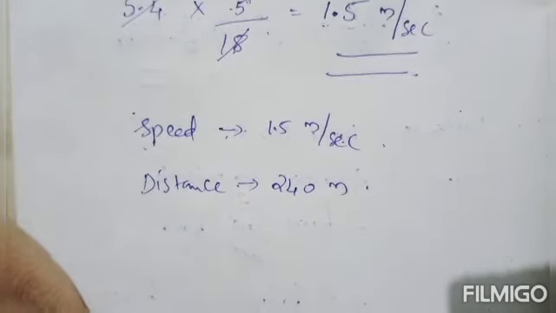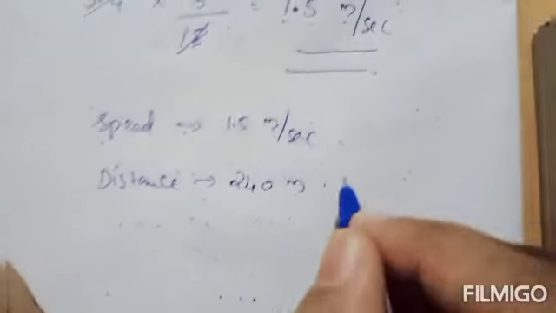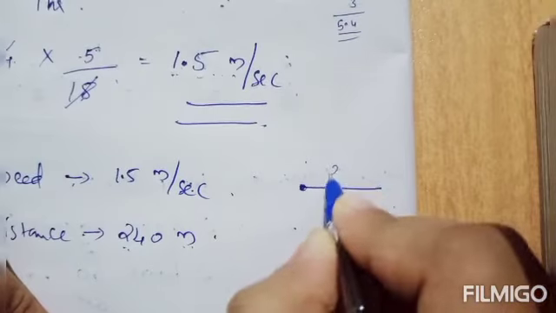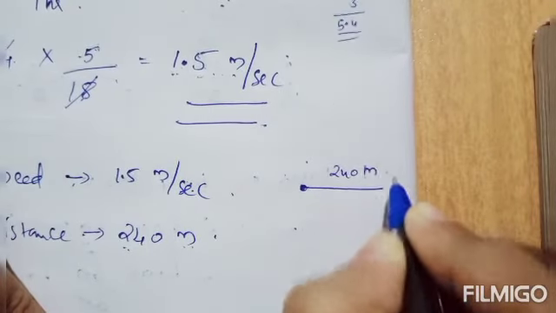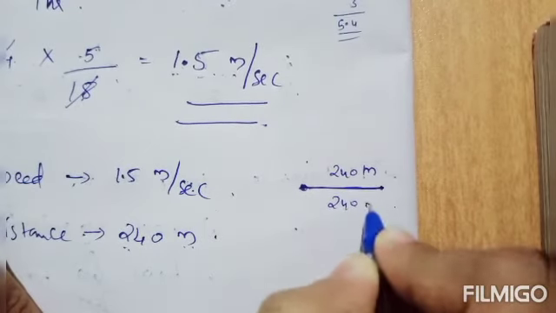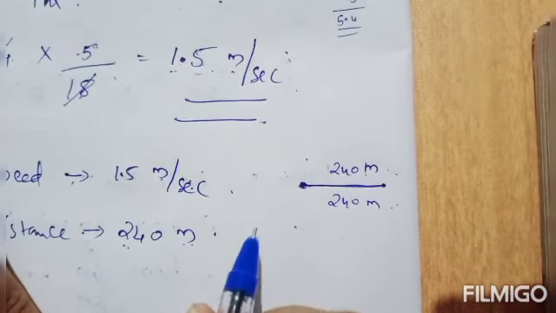And then she returns back. So listen, from home to school it is 240 meter. Now she is returning also, so the same distance she is traveling once more.